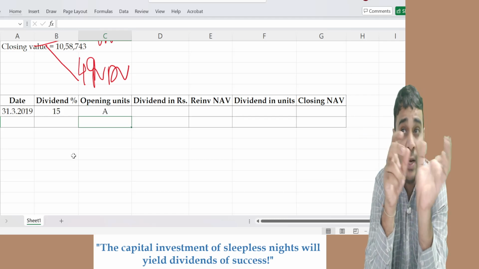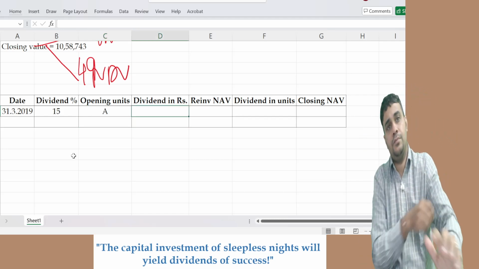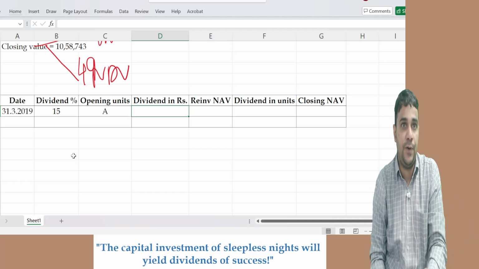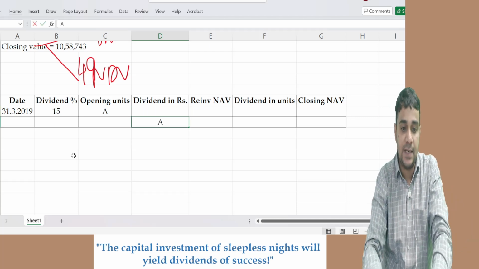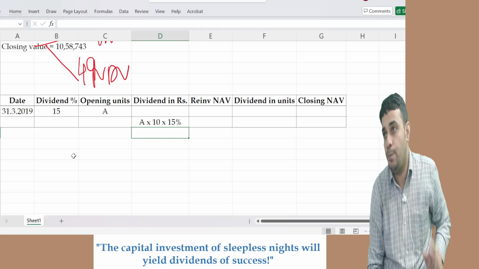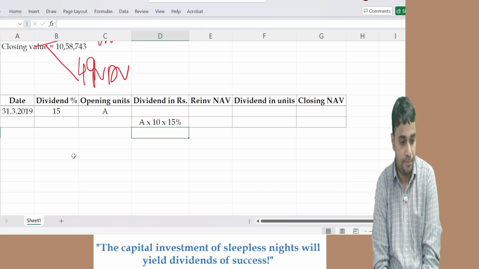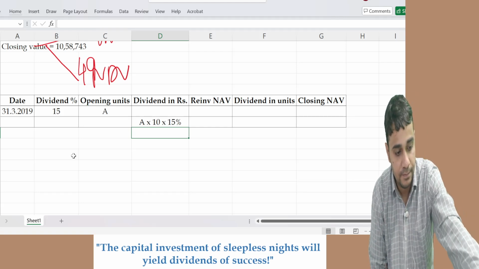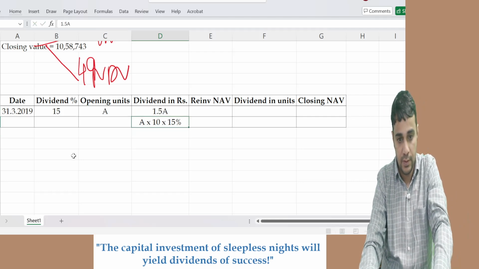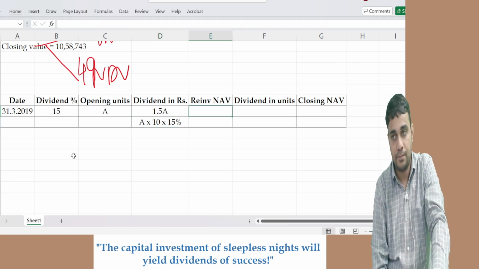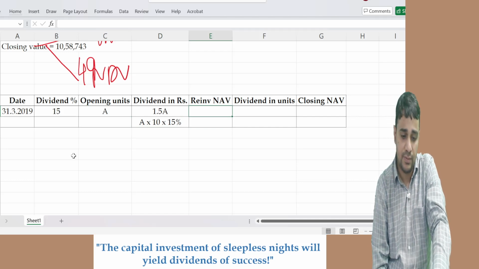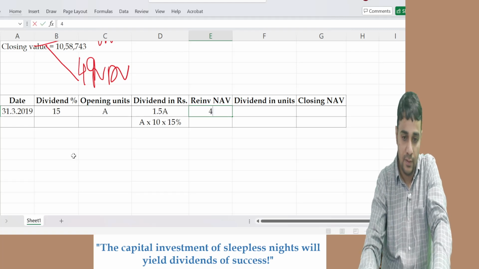Is there a face value given in the question? If not given, take it as 10 rupees. So A into 10 rupees into 15 percent, which is 1.5A. Reinvestment NAV is how much? 45.